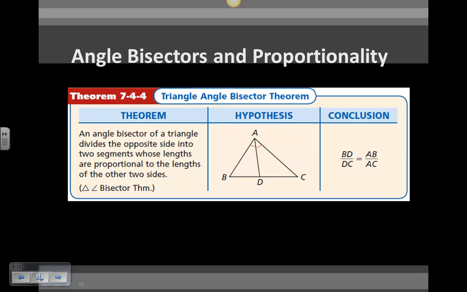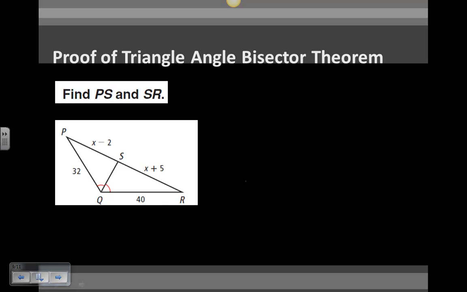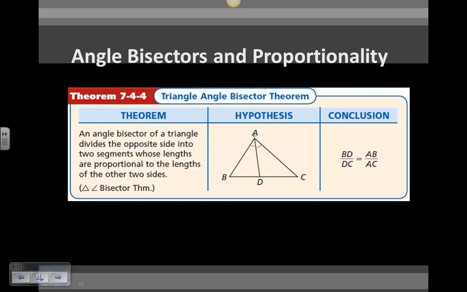The only other theorem that we're going to concern ourselves with regarding triangle proportionality is the triangle angle bisector theorem. If you have your initial triangle ABC and an angle bisector AD that divides the angle into two congruent angles and intersects the opposite side at point D, then BD is to DC, just as AB is to AC.